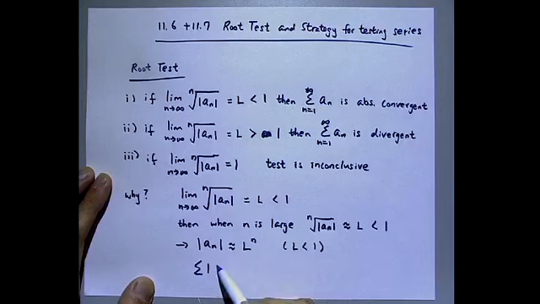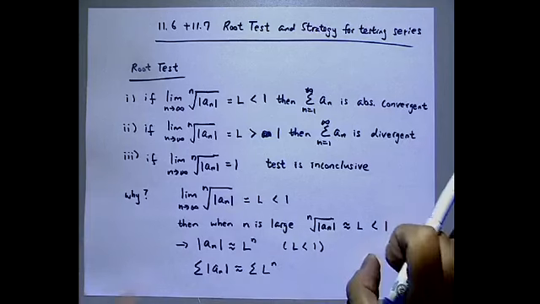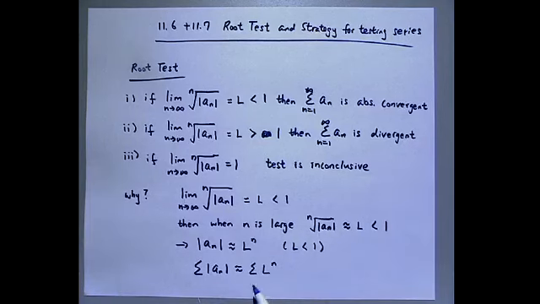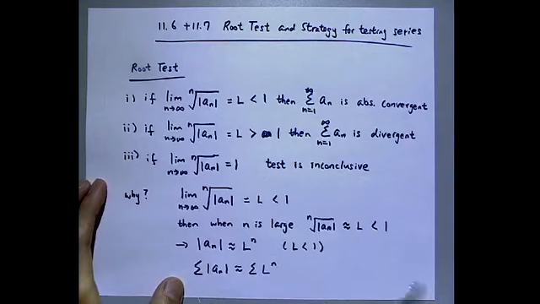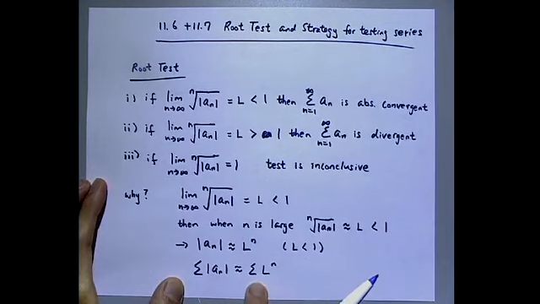So now when I sum all of these guys together, then I'm summing up a bunch of L to the n with L less than 1. And what does this look like? A geometric series, right? It's a convergent geometric series.